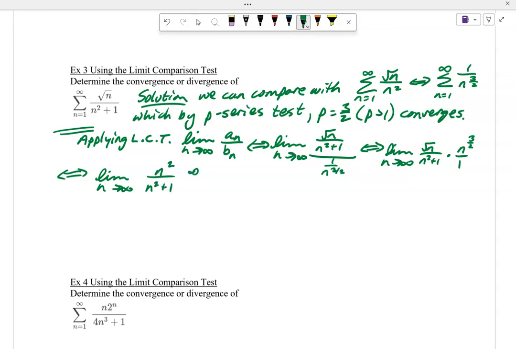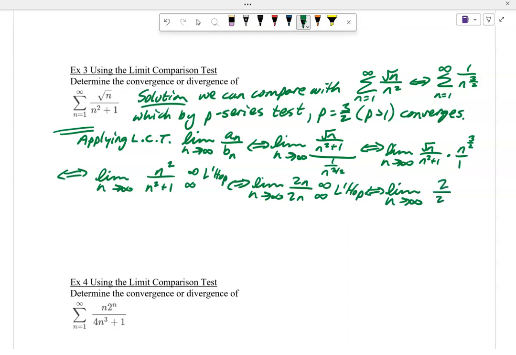That's infinity over infinity, so I'm going to use L'Hopital's rule. Limit as n goes to infinity, I'll have 2n over 2n plus 0. Again, infinity over infinity, so I'm going to use L'Hopital's again. Derivative of the top is 2, derivative of the bottom is 2. So it looks like I get 1. What do I care about? Well, when I run it, I do get something positive, right?